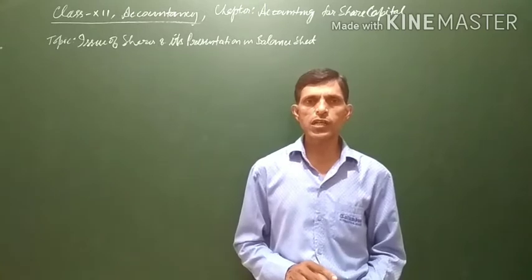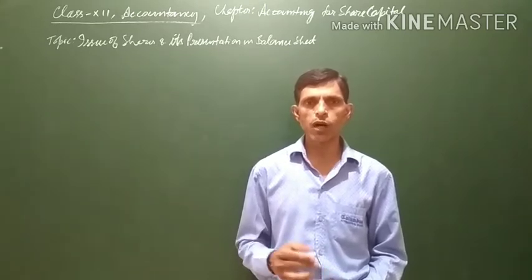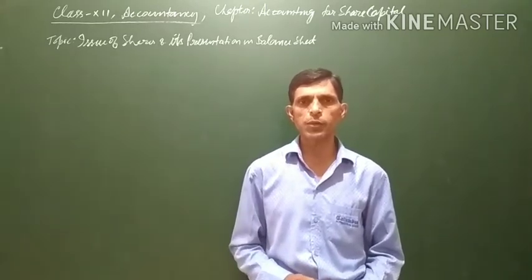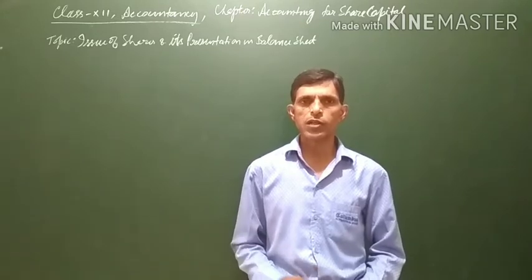So only a few things are required, and we will try to know how to present these things in the balance sheet of the company by taking an imaginary example.